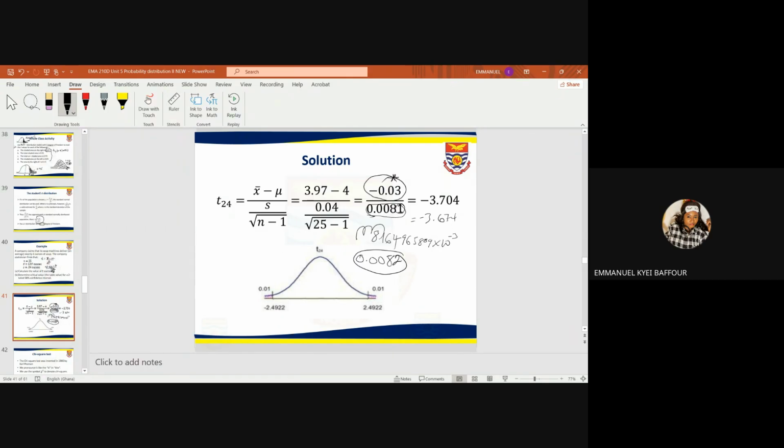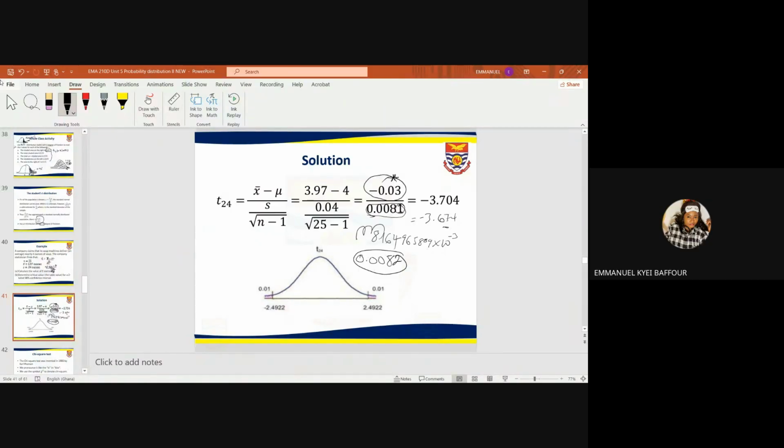So make it negative 0.03 divided by 0.0082, and let's see what you get. It's supposed to be closer to this. Yes, sir, that's what you will get. Okay, so that is it.